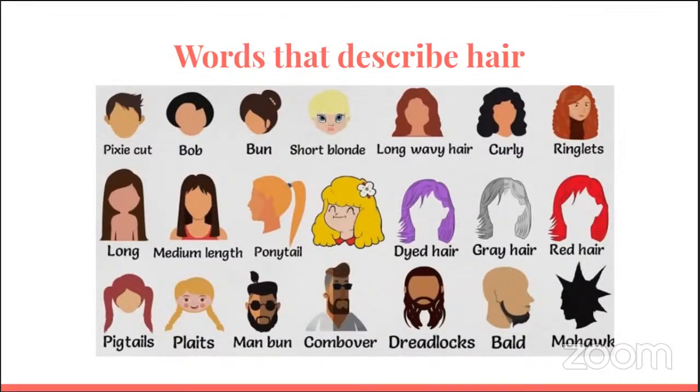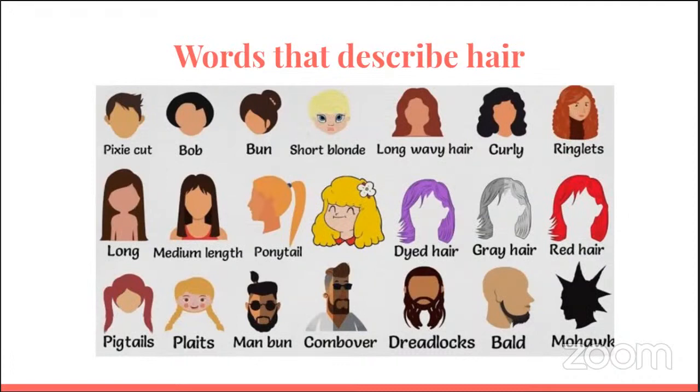If you google the Mohawk culture, like Native Americans, they wear their hair like this. But for them, it's not referring to rock or anything like that, right? It refers to basically the culture. Okay, and these are some words that you can use to describe the hair of yours, friends, and everyone whenever you're describing a person.